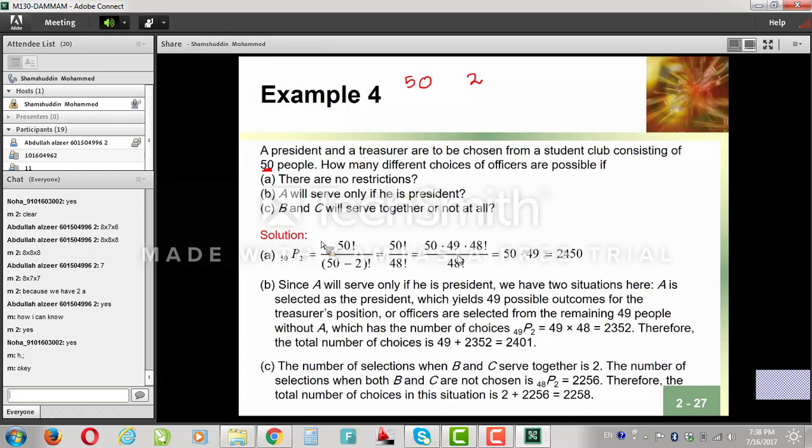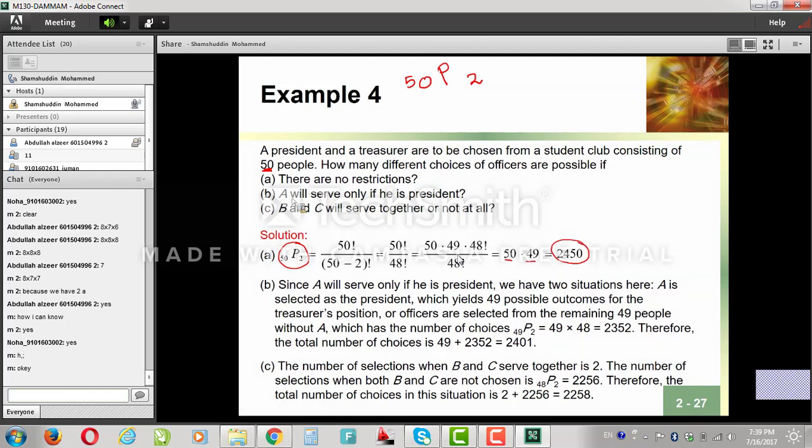If no restriction at all, directly it is 50 permutation 2, because I have 50 people to choose a president and a secretary. So the result is 50 times 49, it is 2450. This is in A. In B I have a condition.